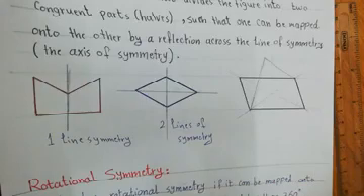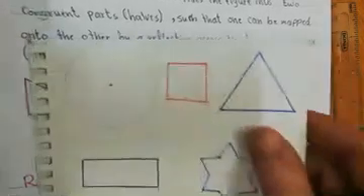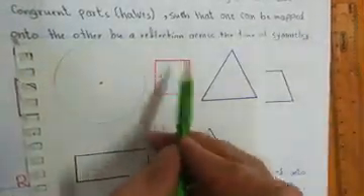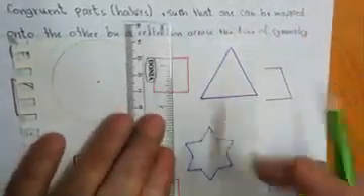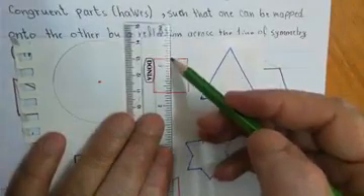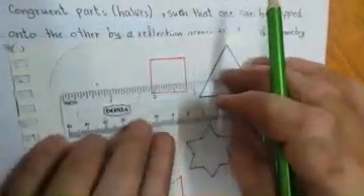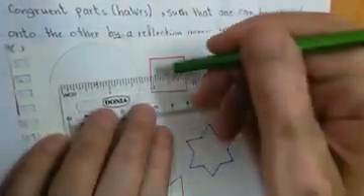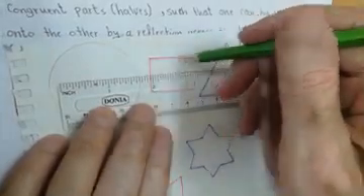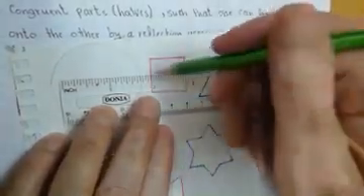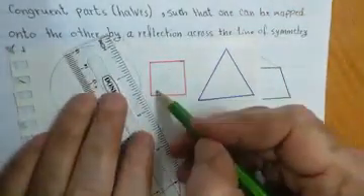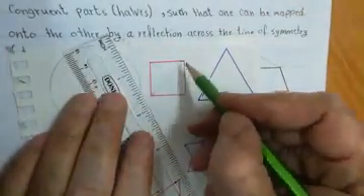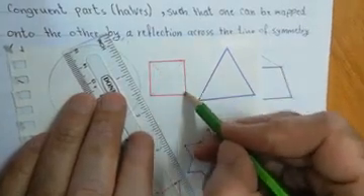So this is 1, this is 2, and the third is the diagonal, and the last diagonal.